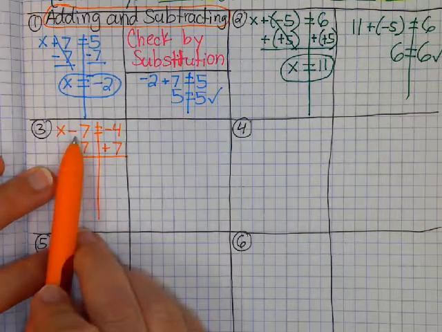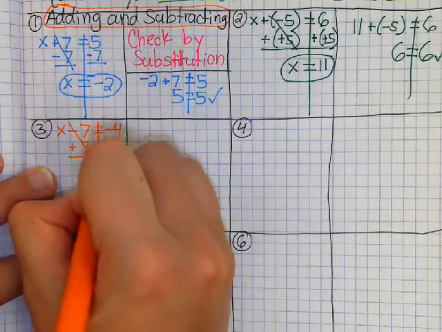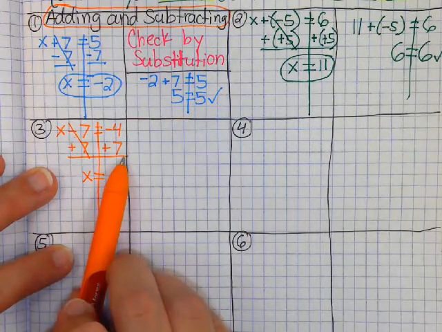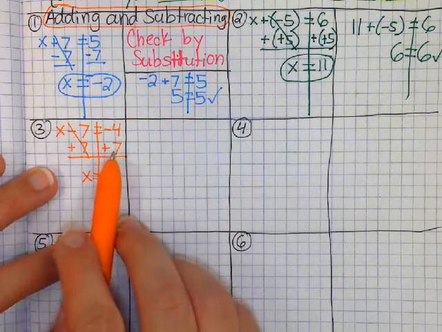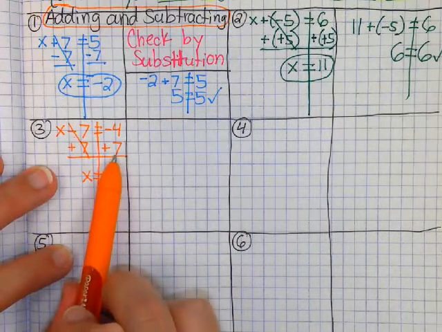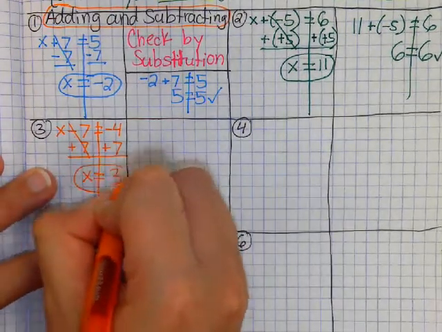Negative 7 plus 7 cancels out. All I have left is x. Negative 4 plus 7, well, they're different signs, and I'm adding, so I'm actually going to subtract. 7 minus 4 is 3. 7 is my bigger number, and it's positive, so my answer is positive.